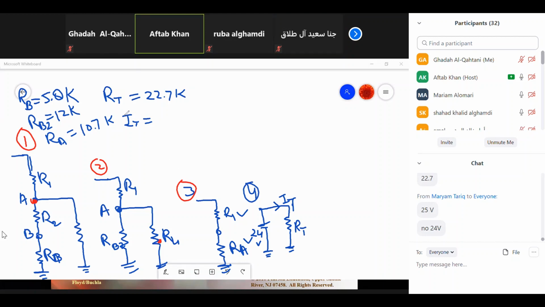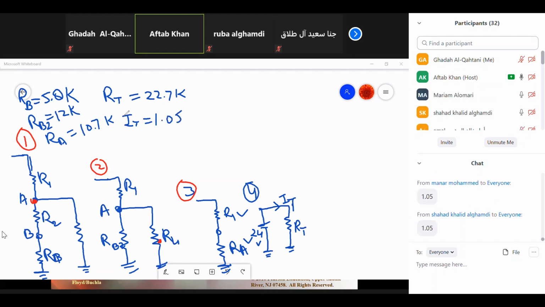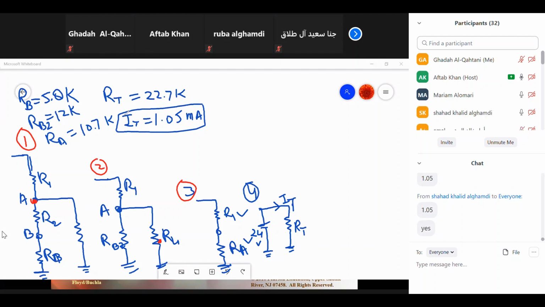How much IT are you getting? 1.05 milliampere. Yes. Okay, so this way we calculate the total current up to now. Clear to all of you? This is total current.